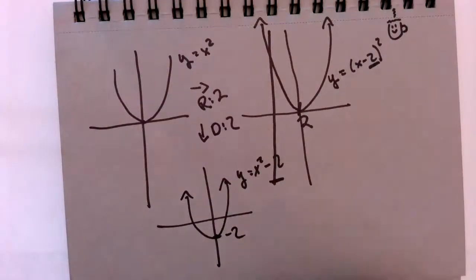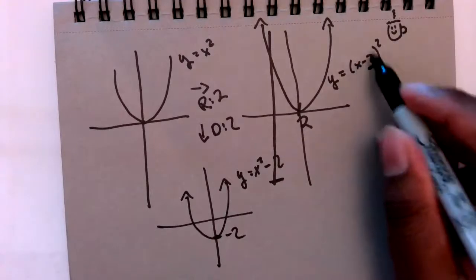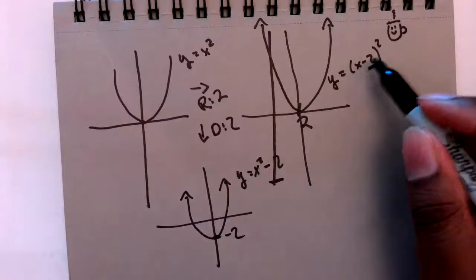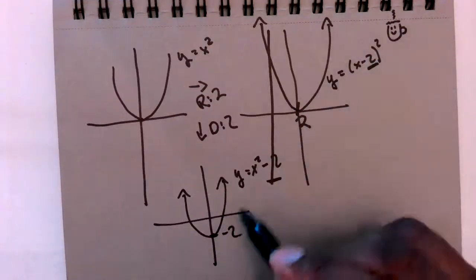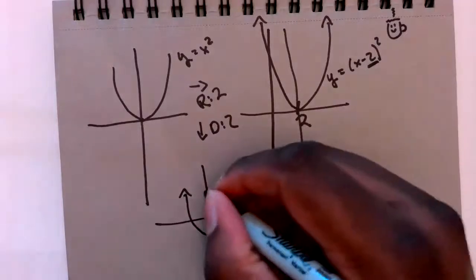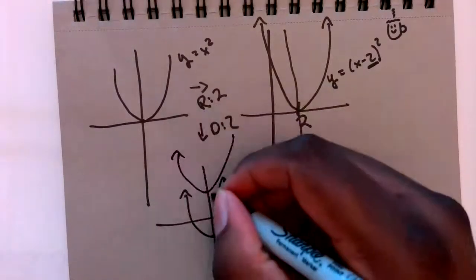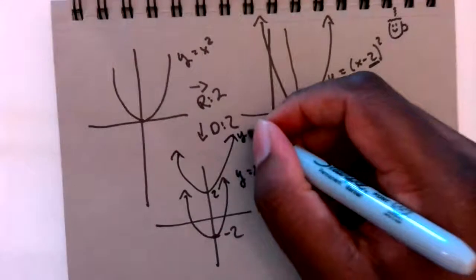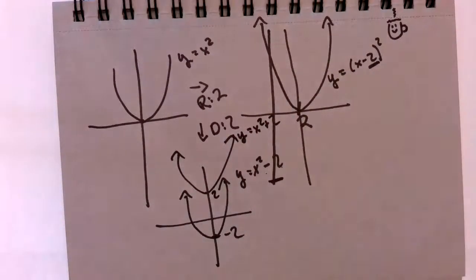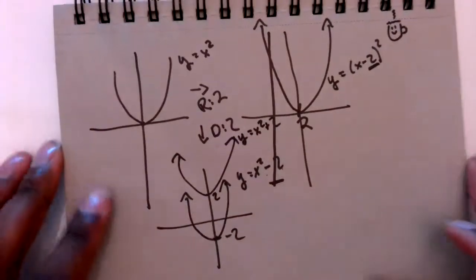So you remember, minus on the inside will get you to the right 2 units. Obviously, plus on the inside will get you to the left. Minus 2 units on the outside gets you down. And if I wanted to go up 2 units, y equals x squared plus 2, for example. Does that make sense? So that was parabolas.